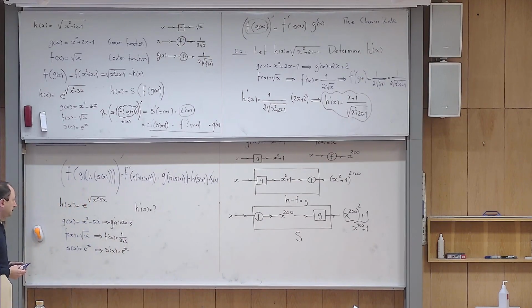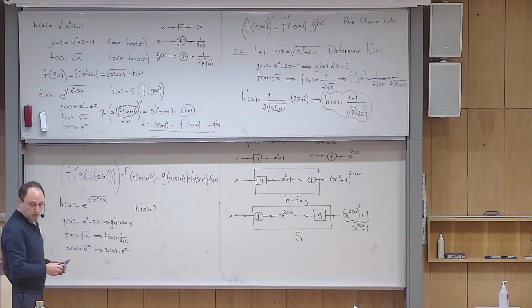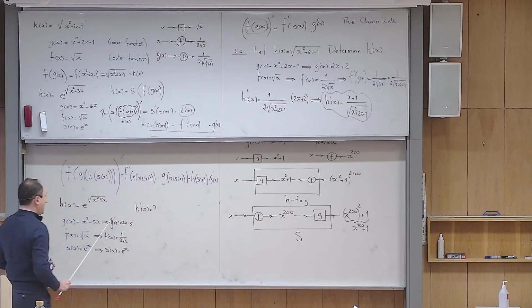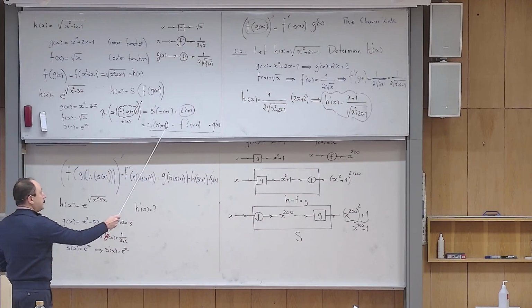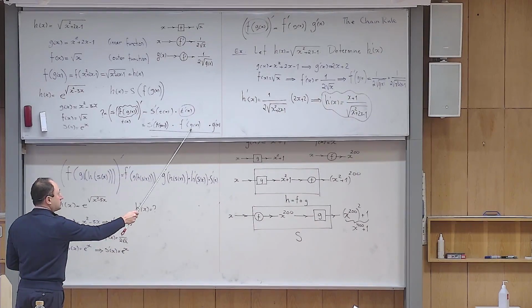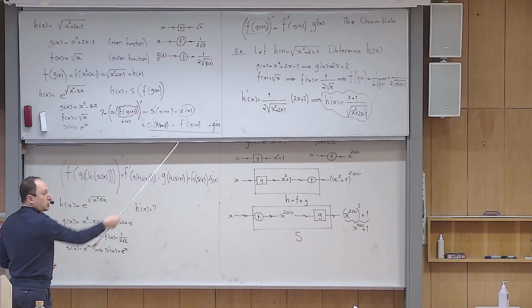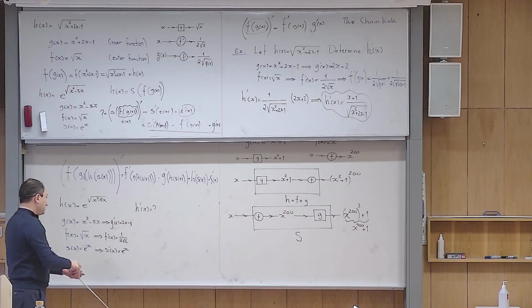Yes? But the point is that, let us look at this formula. I need g prime of x exactly as I have it. Good. But f prime, I need to do some minor changes here. Because here I have f prime of x, but I want to have f prime of g of x. Okay, tell me what to do.